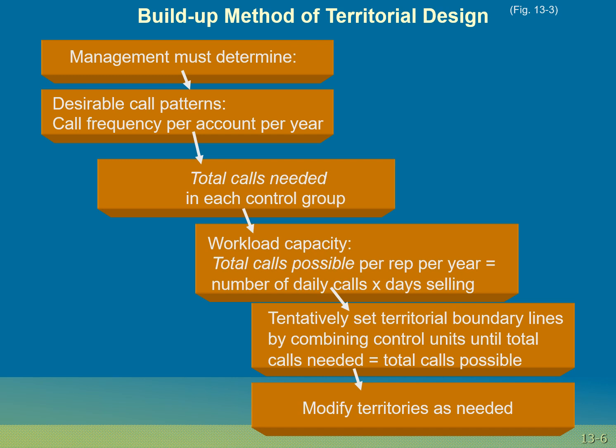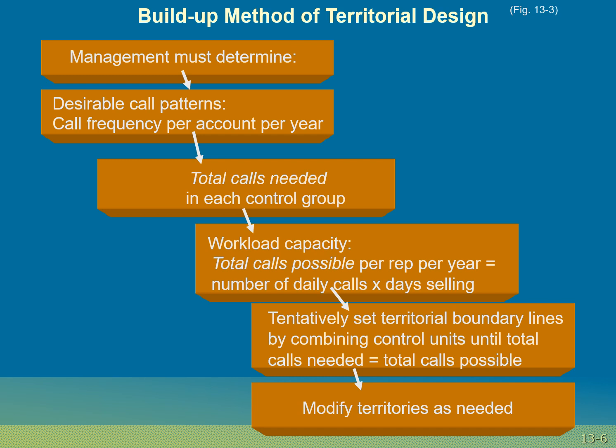So you set your territorial boundary lines by combining those control units until the total calls you need equals the total calls you can possibly make. And then you modify the territories as needed. So this is the build-up method of territory design.